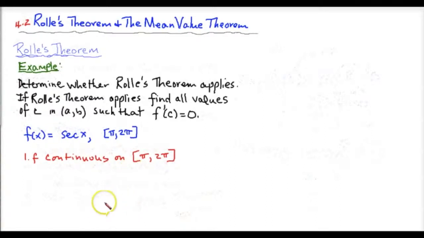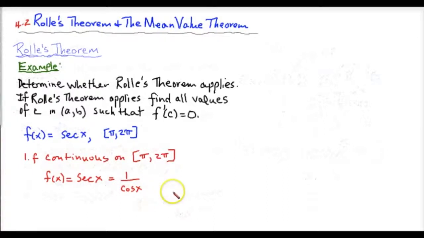Well, let's look at this. Now, we really don't even have to look at the graph per se, but f of x equals secant of x. Well, we know that secant and cosine are reciprocals, so that's 1 over the cosine of x. Okay? Well, this function you see is undefined wherever cosine is equal to 0.